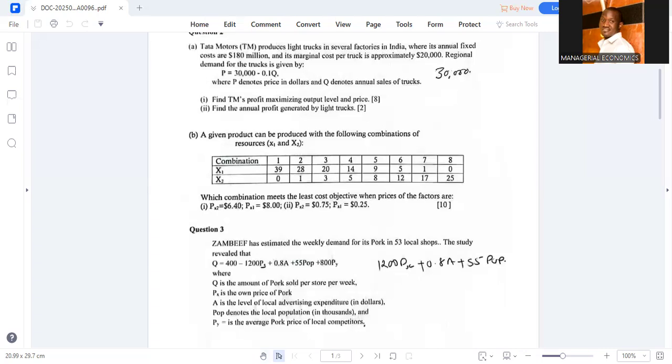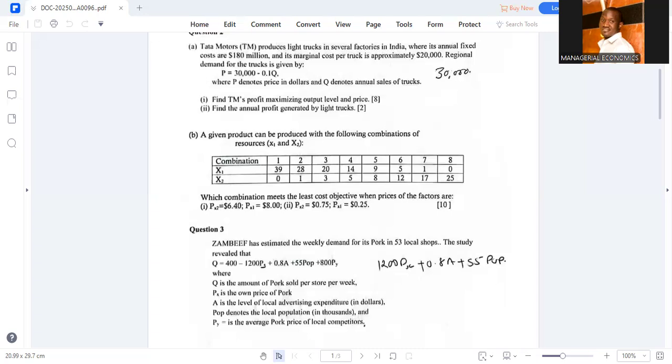So what are isocosts? Isocosts are lines that join points that offer the same cost combination.